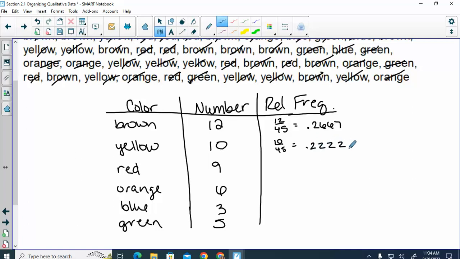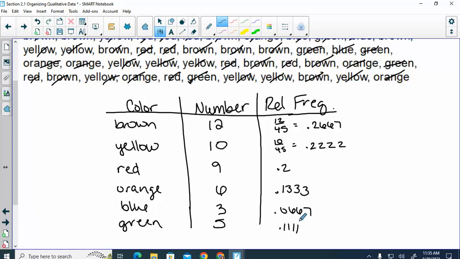Next one, 9 out of 45 was 0.2. 6 out of 45, 0.1333. 3 out of 45. So that is the list of relative frequency.